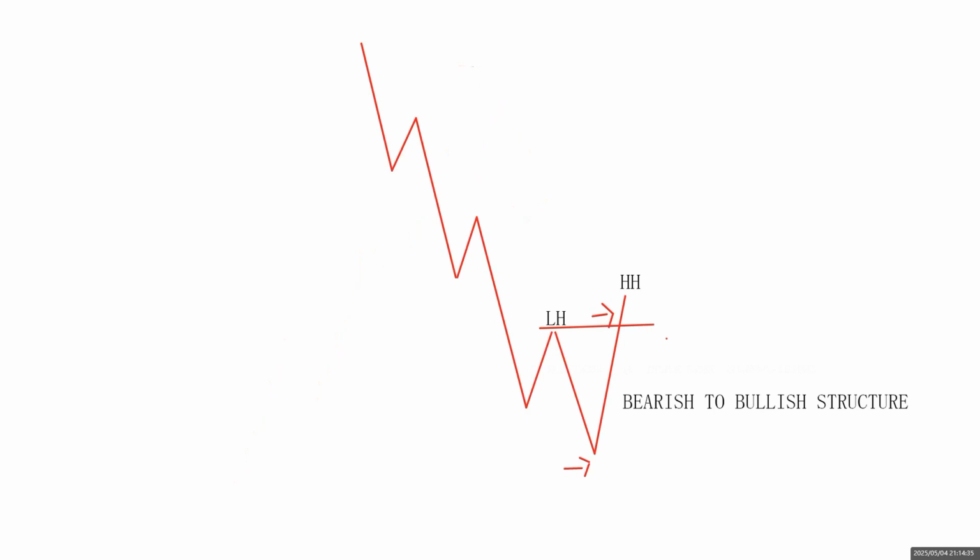There is nothing else that signifies a break of structure. I've seen lots of funny things from traders saying, oh, this is a break of structure. Those things are completely not true. On the bullish side, there must be a break of the last higher low, and on the bearish side, there must be a close above the last lower high, and this is what indicates a break of structure.